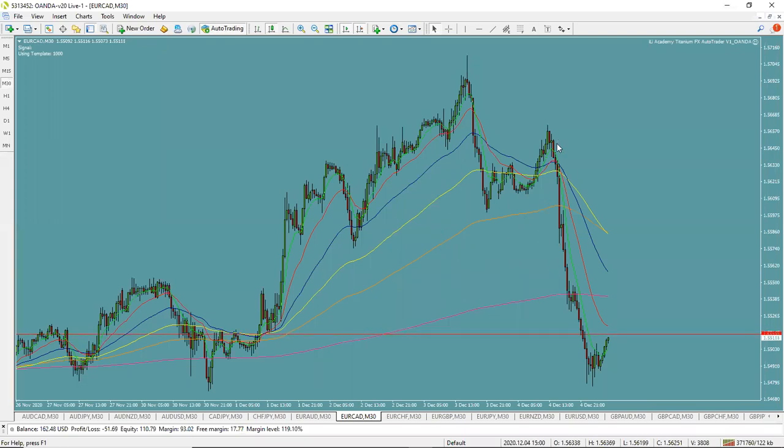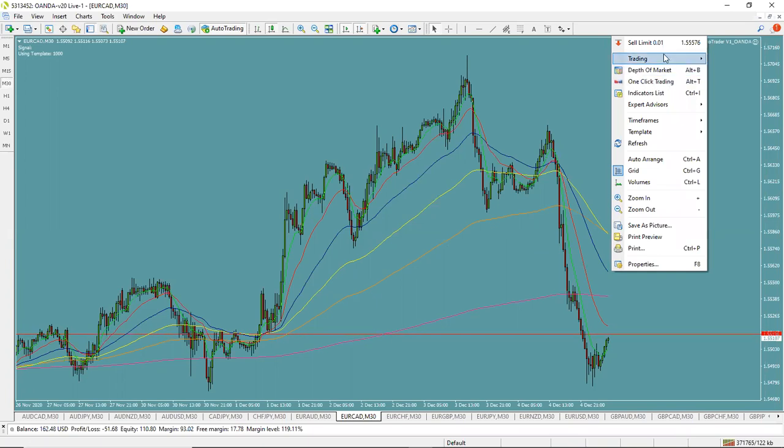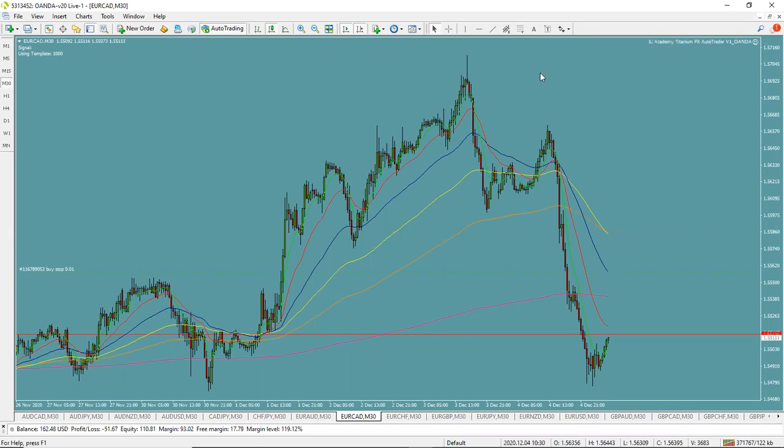Even though it fell like a waterfall here, doesn't mean that it has to stay that way. So I can place an order here to buy on, say, our 50, or maybe here on the 100 or 200, because they're kind of right in the same area.